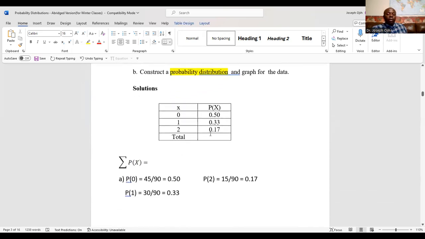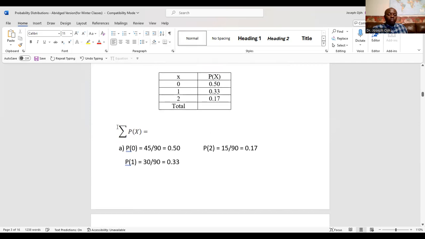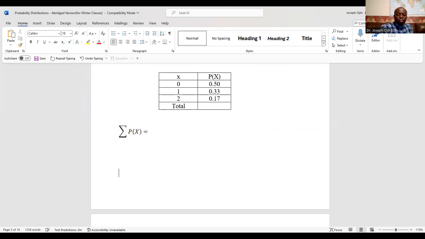Then for the other one, if you add all these probabilities, we have 0.50 plus 0.33 plus 0.17.